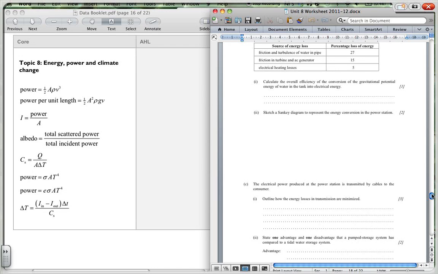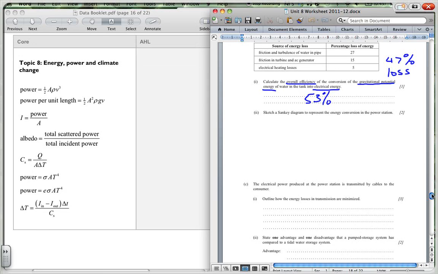Calculate the overall efficiency of the conversion of gravitational potential energy of water into electrical energy. Well, the overall efficiency would be the output over the input. These are our energy losses, so if we add them together, I get 47% lost. Therefore, we have 53% as my total efficiency. That will be the output over the input.